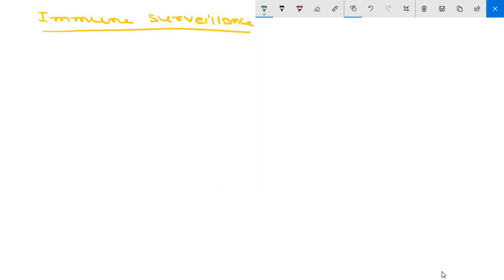So the theory of immunological surveillance postulates that the tumor cells may arise frequently in our body but are recognized as foreign and are eliminated by the constant vigilance of our immune system. Clear?